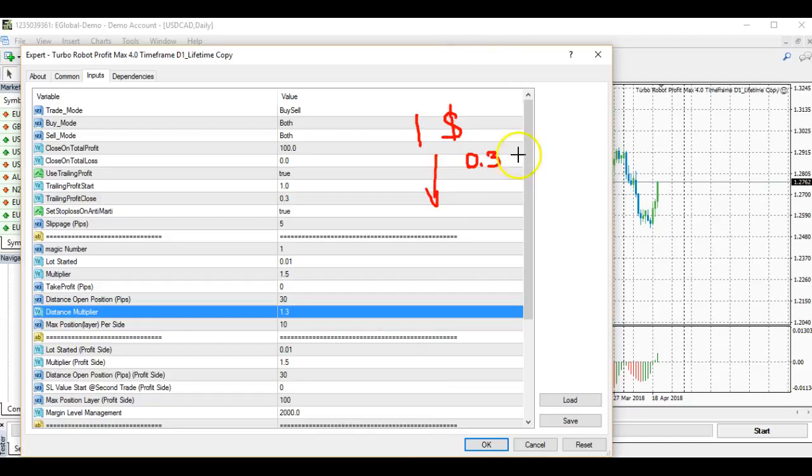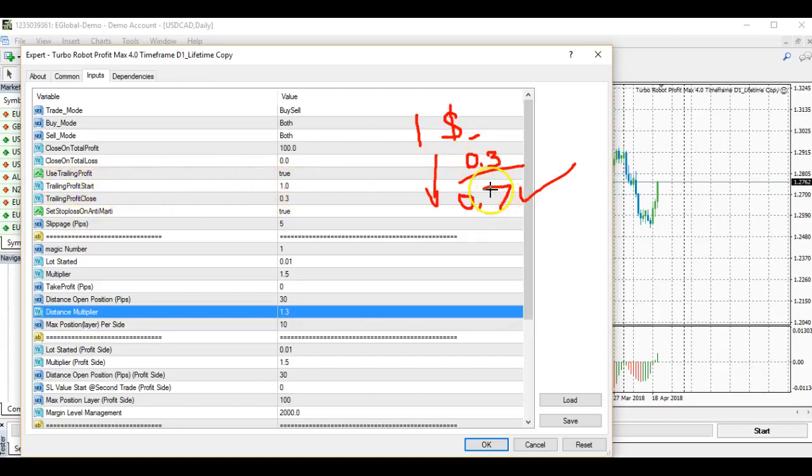So $1 minus 0.03. All right. So it means that it goes to 0.7. The moment the market drops your total profit down to 0.7, because your trailing profit close is 0.3 and your trailing setting is 0.1.